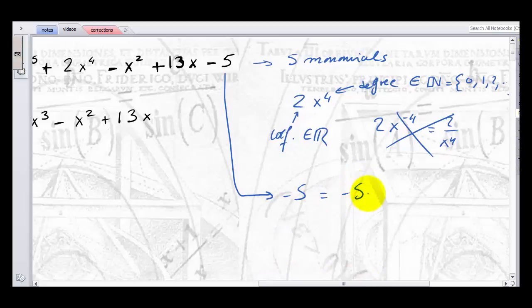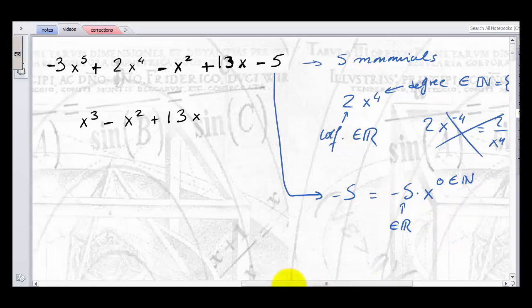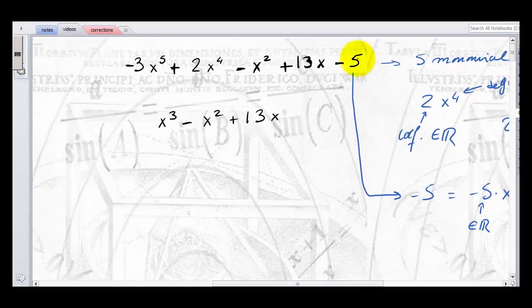It is -5 times x to the power of 0, right? And my exponent is actually in N, and this is actually a real number. Therefore, this is a monomial, all right? So, a monomial of degree 0. This is a monomial of degree 1, degree 2, degree 4, and degree 5.